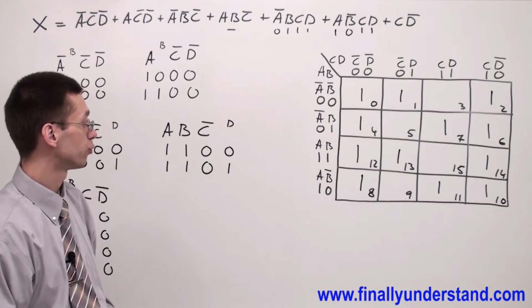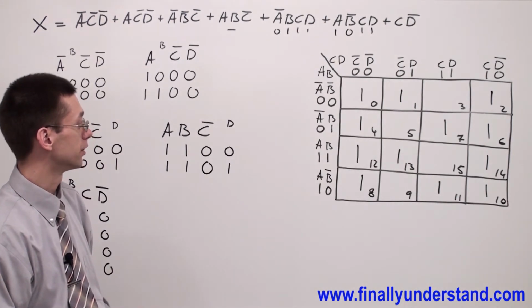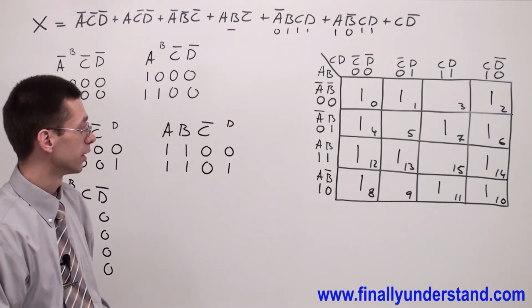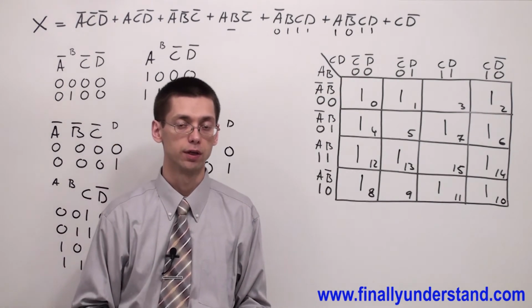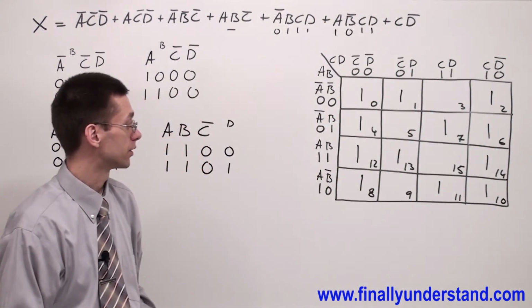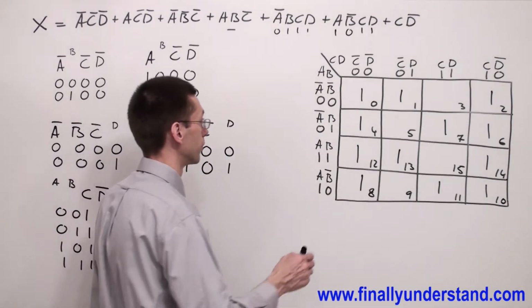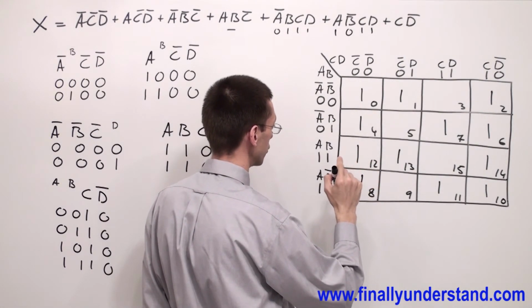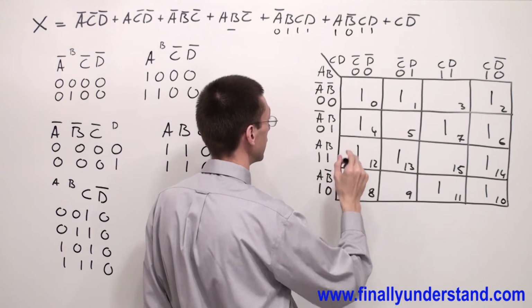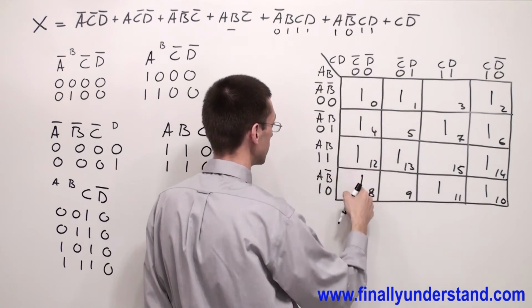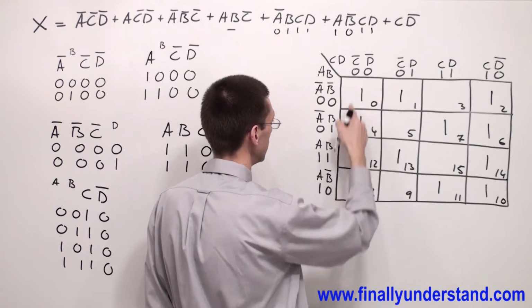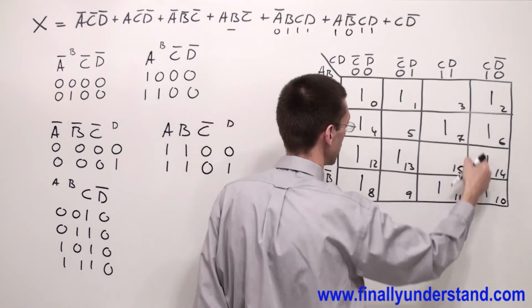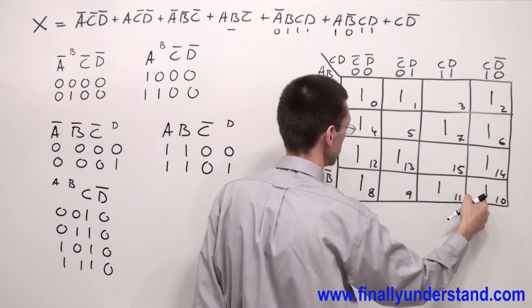Next, I'm supposed to simplify this expression if this is possible. Let's take a look how many groups we can create in this map. Keep in mind that we're supposed to always create the biggest group if this is possible. I have 4 ones in this column and I have 4 ones in this column.